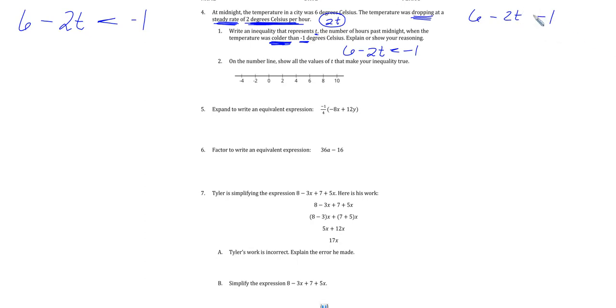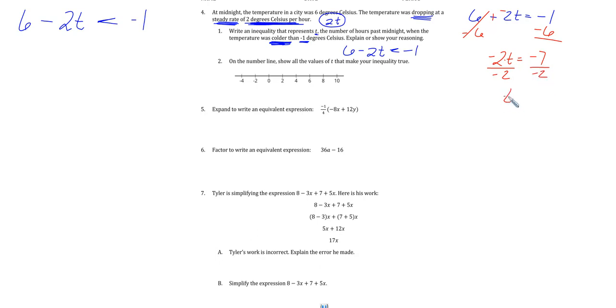When I go through my solving process, I first start with adding the opposite. I take away the 6. That gives me -2t is -7, and that gets rid of my 6. Then to get t by itself, it's being multiplied by -2, so I divide by -2.